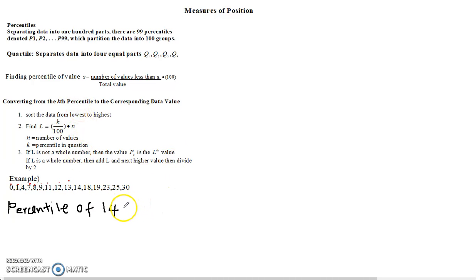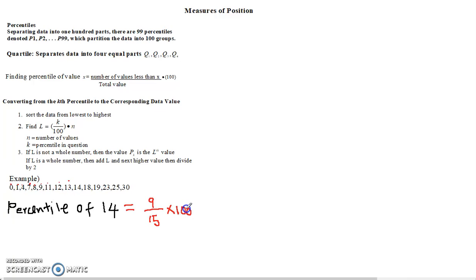So that means we're going to put that on the top, 9, and divide by the total number of values. So you got 9, 10, 11, 12, 13, 14, 15. So we got 15 there. Then we're going to have to multiply this by 100.